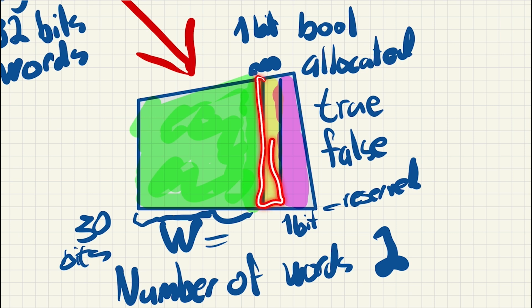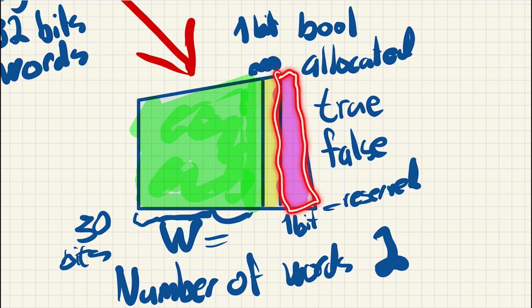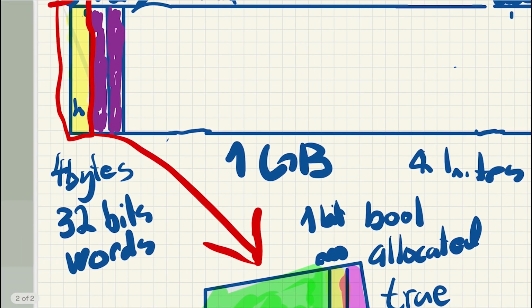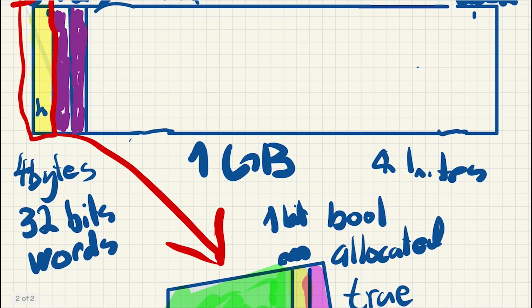This yellow part is the allocated boolean: are the following words allocated, or are they deallocated again? And then we have 1 bit reserved. So this 1-word header is all the overhead that exists in this allocation.